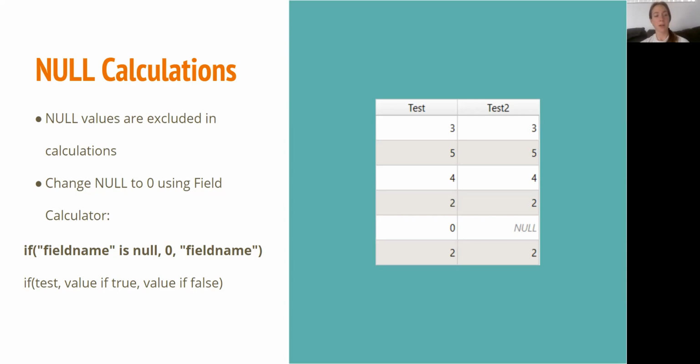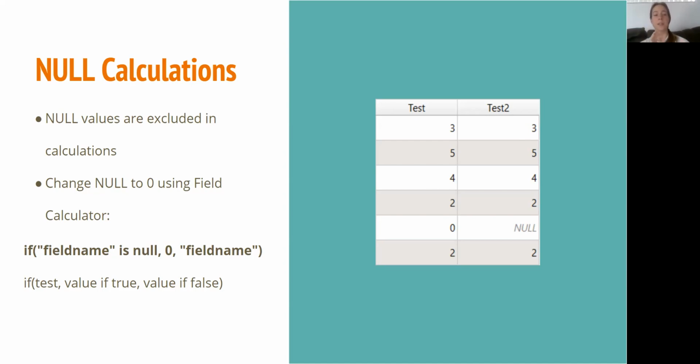So all this line of code is a simple if statement, and it is if field name. So you would, in quotations, write whatever field name you're interested in. So in this case, it would be test2 in quotations is null, and then comma 0, comma, and then your field name again.